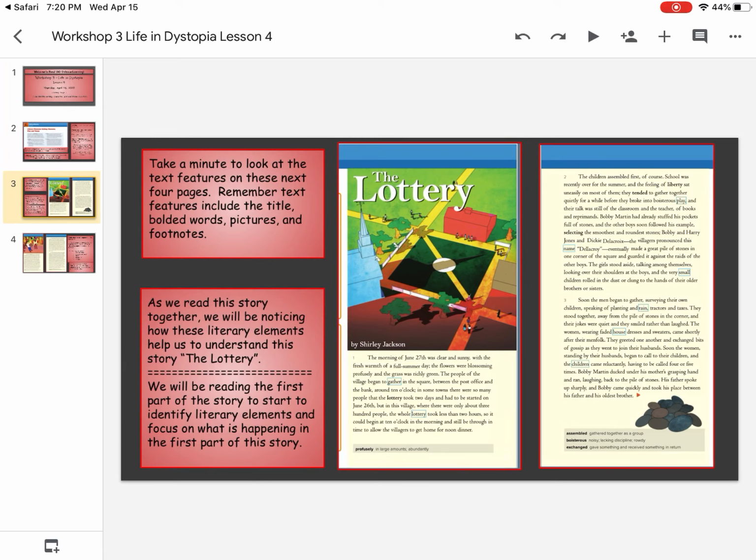The children assembled first, of course. School was recently over for the summer, and the feeling of liberty sat uneasily on most of them. They tended to gather together quietly for a while before they broke into boisterous or loud or rowdy play, and their talk was still of the classroom and the teacher, of books and reprimands. Bobby Martin had already stuffed his pockets full of stones, and the other boys soon followed his example, selecting the smoothest and roundest stones.